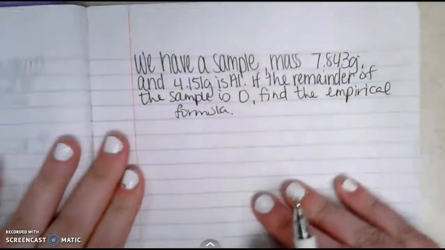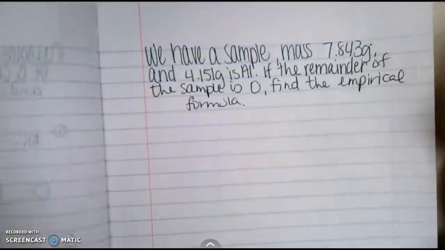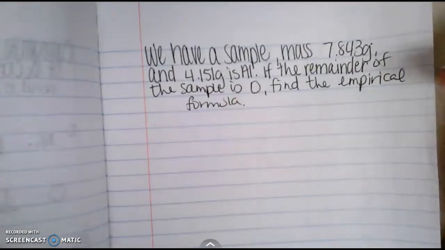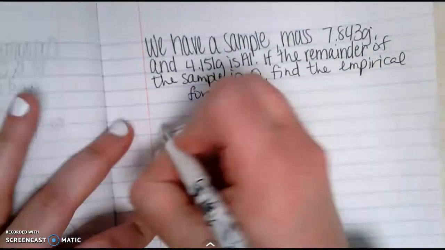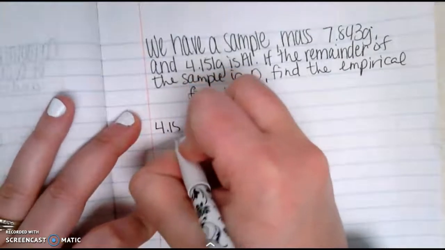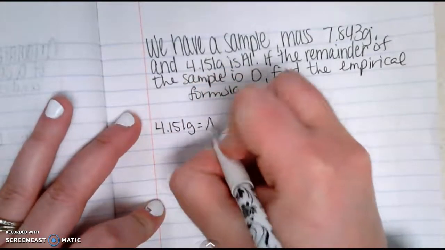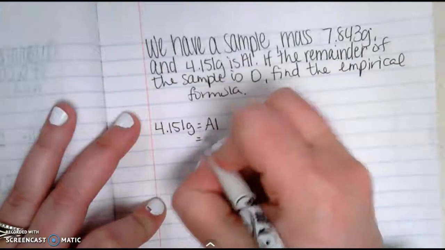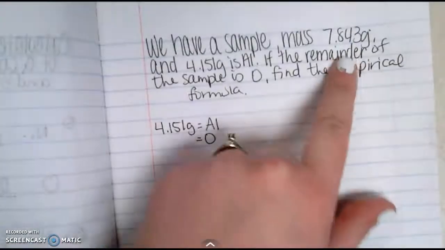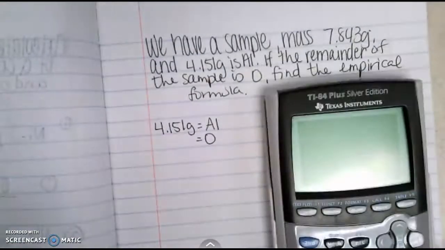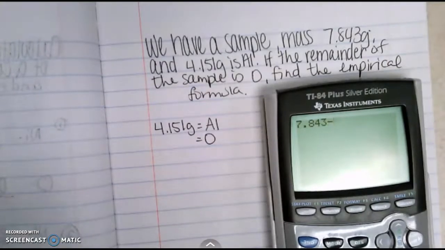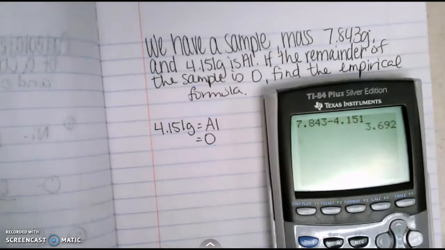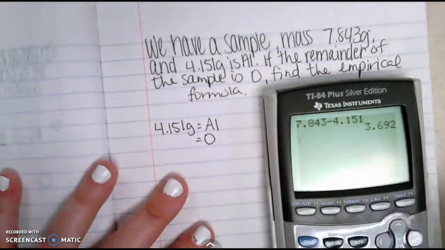So this one's actually not hard. I lied when I said it was more challenging. It's just a little bit more simple math at the beginning. I know that 4.151 grams of my sample are aluminum, and I know the total mass, so it is really easy to figure out how much the oxygen is because you just subtract.